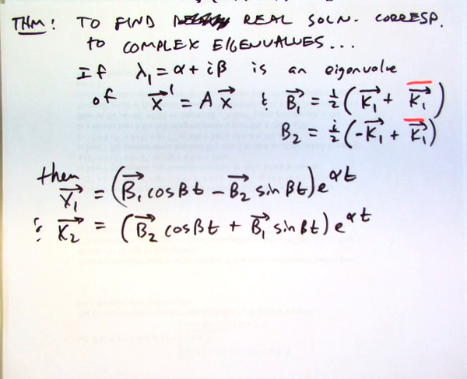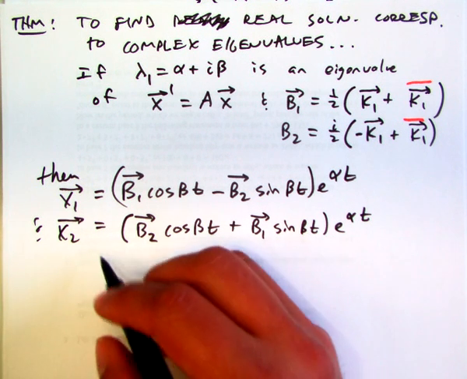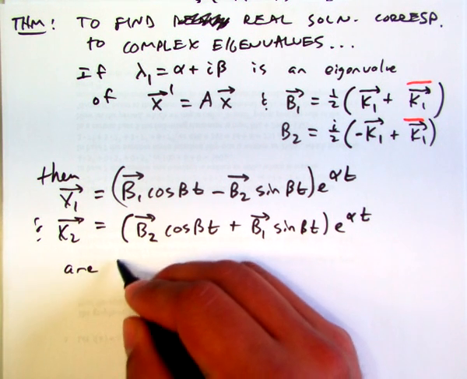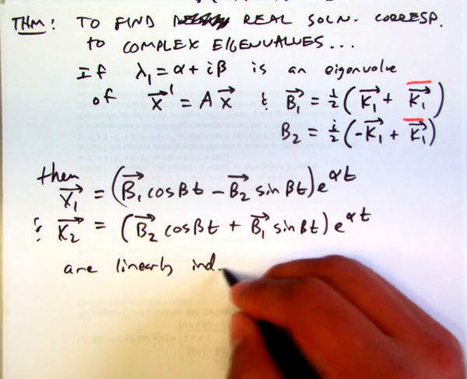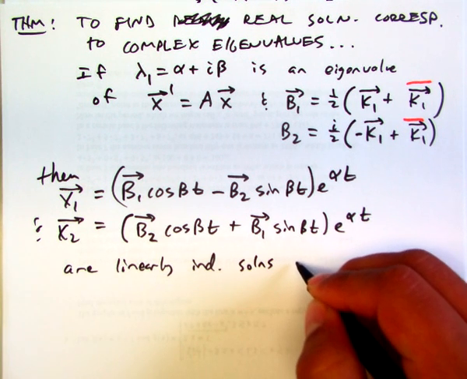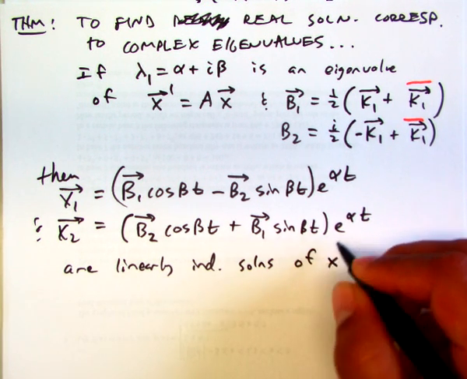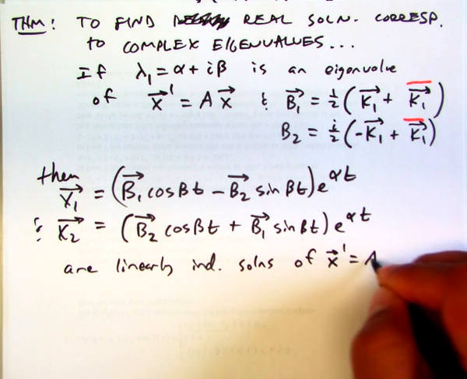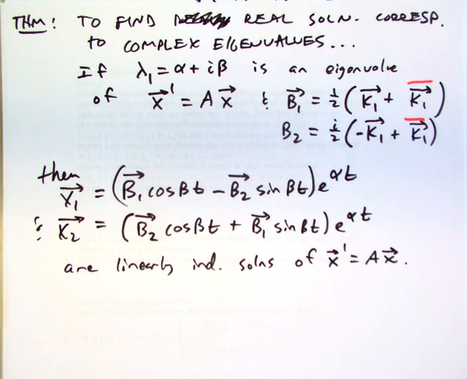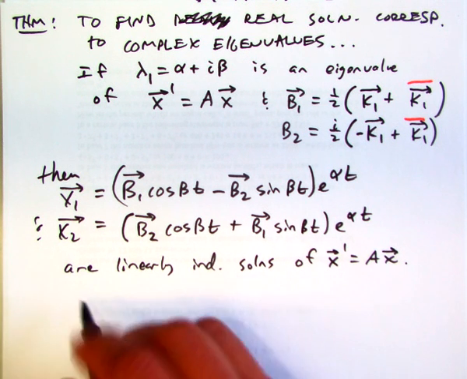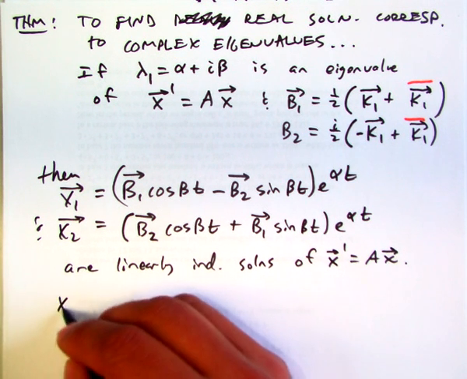Then we say that these are linearly independent solutions of x prime equal to Ax. And I like to use this notation to maybe make life a little easier.